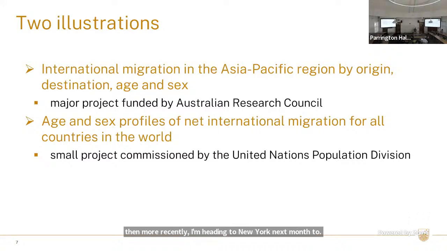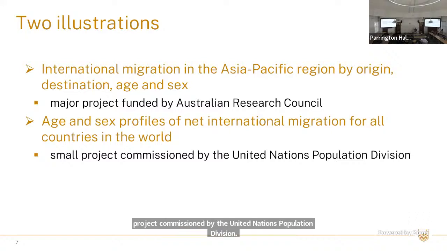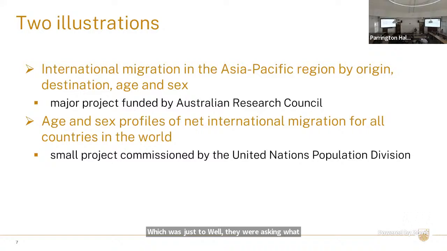I had a small project commissioned by the United Nations Population Division, where they were asking me, what should the age and sex profile of a net migration be? And I know some of you here are working on that right now for Washington. That was an intriguing problem because my first response is, well, there is no such thing. You can't model it, but I got intrigued, and so I don't actually model the net migration, but I'll show you what I do and try to explain that.